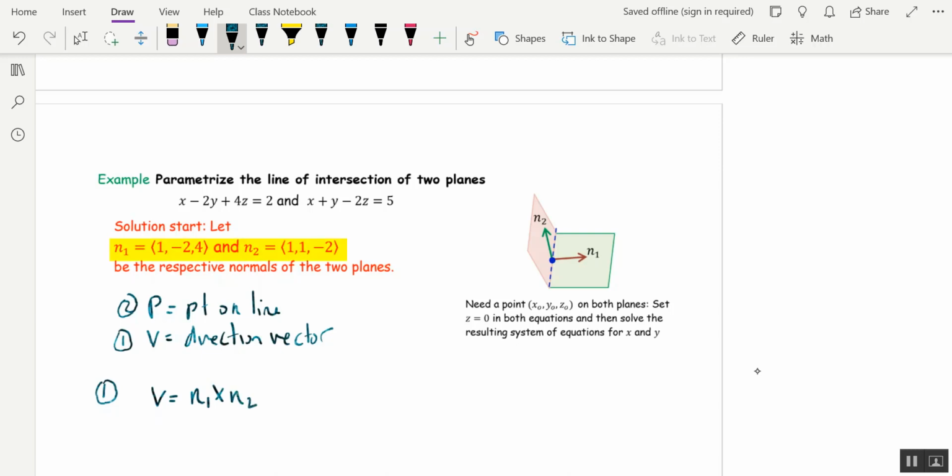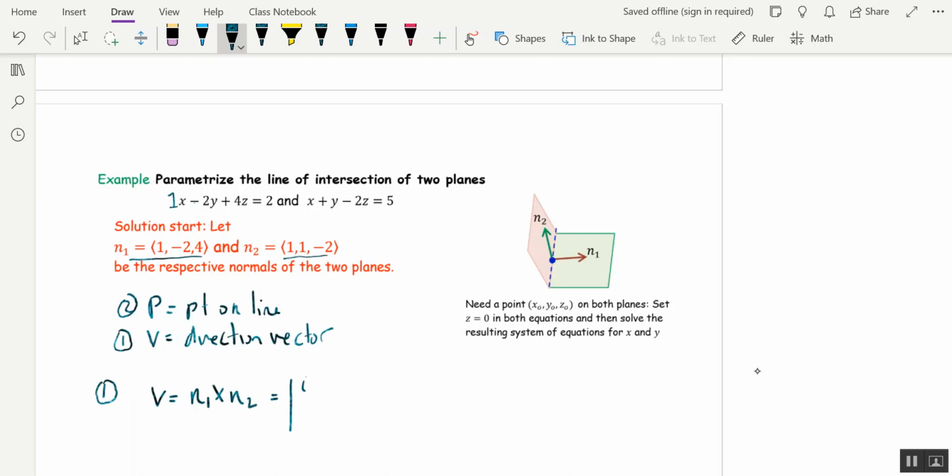So if we go back up here to the solution start, I wrote down the respective normals of each plane. And the way I did that is I used the cool theorem, which says if you pluck off the coefficients of x, y, and z in the standard equation of a plane, you're going to get the normal to the plane. So I have n1 and n2, and I cross those, and that will give me a vector that lies actually in both planes.